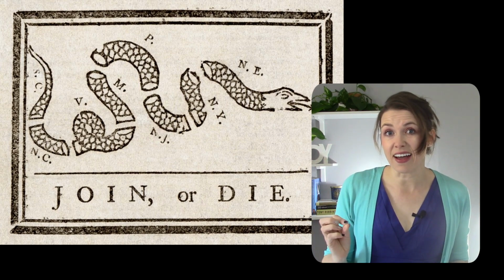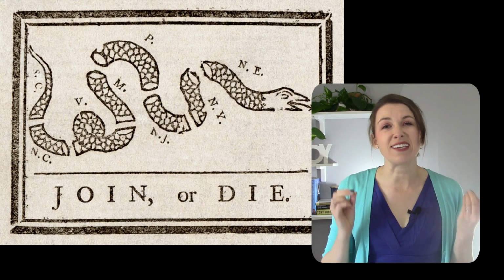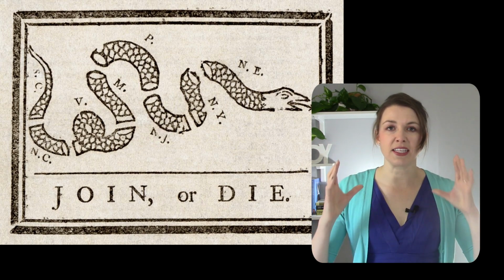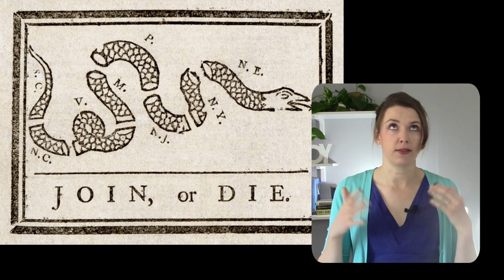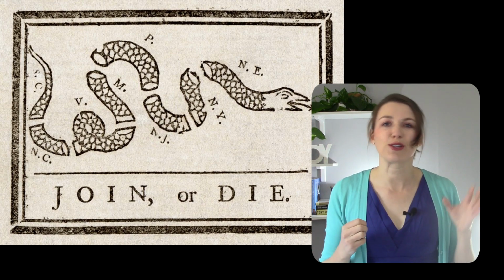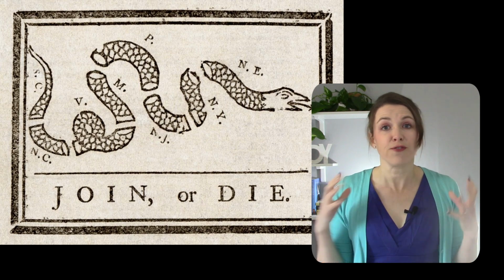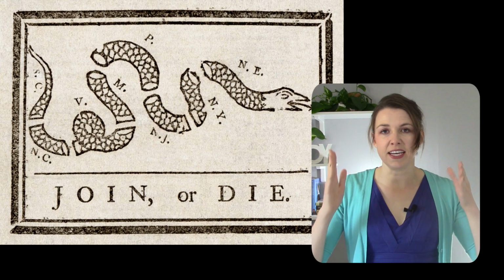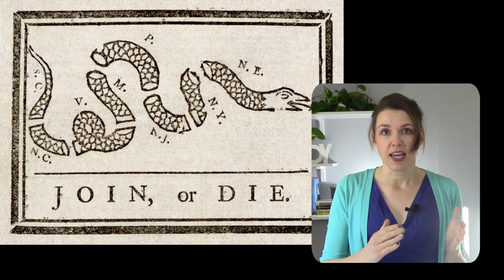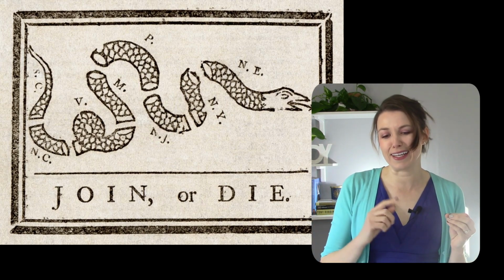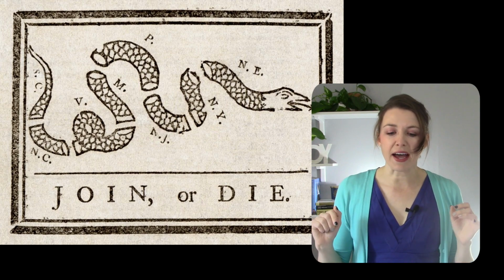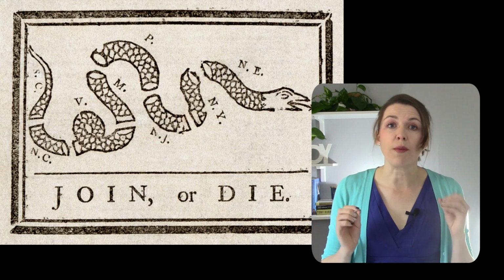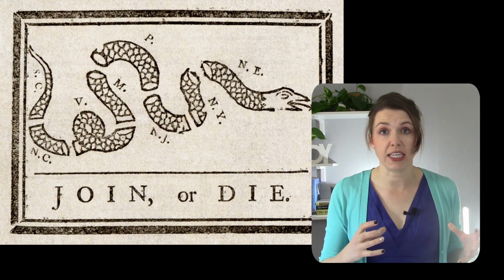Now, at the time, there were a lot of people that did not know how to read, but if they looked at this political cartoon and they could somehow decipher these two words here, join or die, they could figure it out. They could see, all right, here's a little snake and it's very disjointed, right? And there aren't exactly 13 pieces, but if you look closely, each one of the pieces of the snake represents a colony.